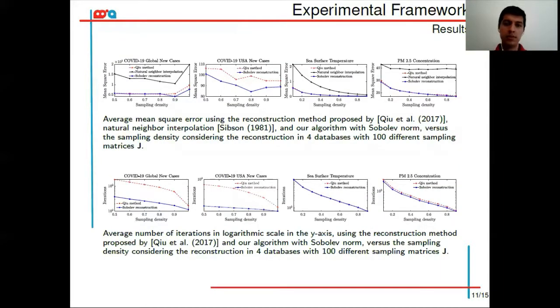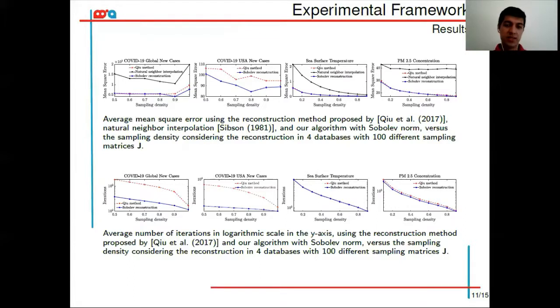Then here we have the results. In the first row, we have the mean square error for COVID-19, for sea temperature, and PM 2.5 concentration. We can see that our algorithm is better in the case of COVID-19.